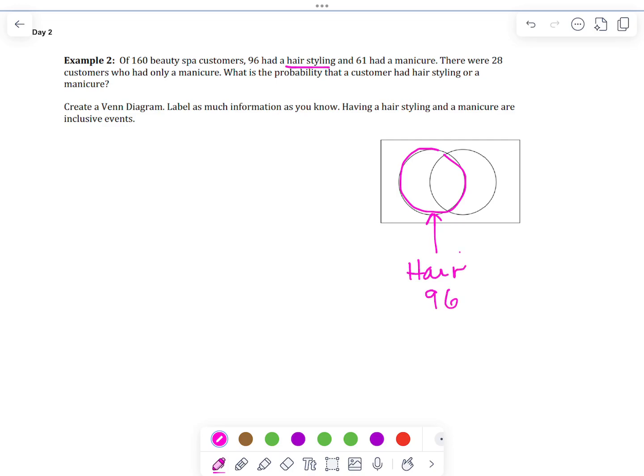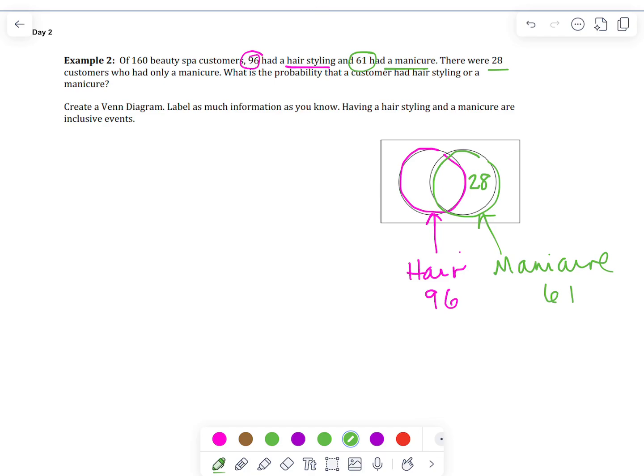And there were 96. The second event is those who got their manicure done. And there were 61 there. And then it says there were 28 customers who only had a manicure. So only had a manicure would be this region of the Venn diagram because they did not get their hair done.